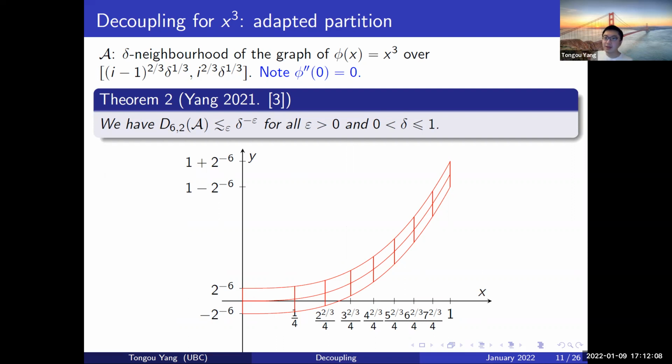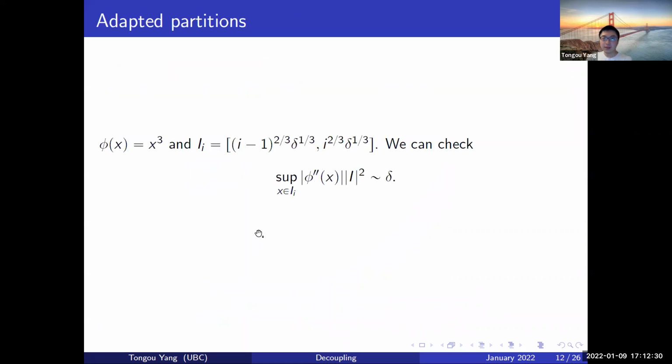It's an interval of maximal length on which the function is delta flat. After we have done this modification of the partition, my last result is that we can still get the same decoupling inequality up to an epsilon loss. So the reason why we can choose this partition can be checked using the following Taylor expansion formula. So it's an easy exercise.